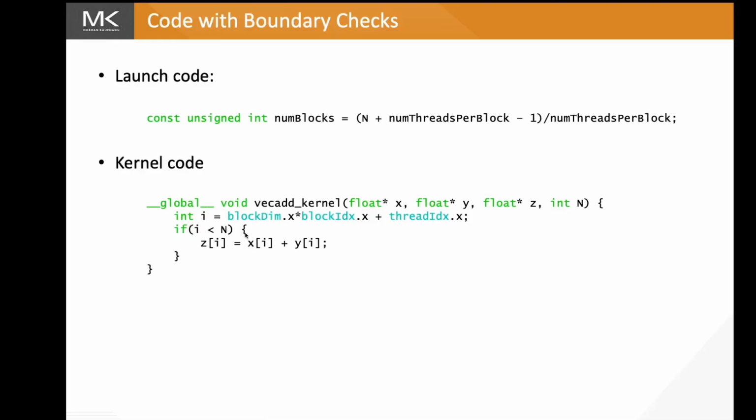Within this kernel, we identify the global index of the thread that we want to use for performing some operations. Then we have these boundary checks because we don't want to work on data that is out of bounds. And then we perform our calculations. Then we compiled the code, ran it, and showed how much performance gain you can get when you run your program on the GPU.